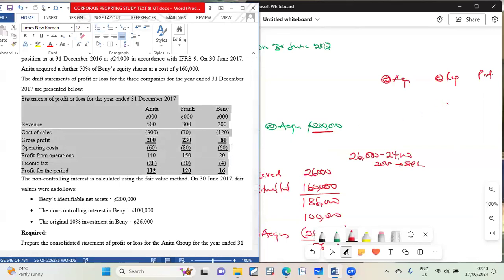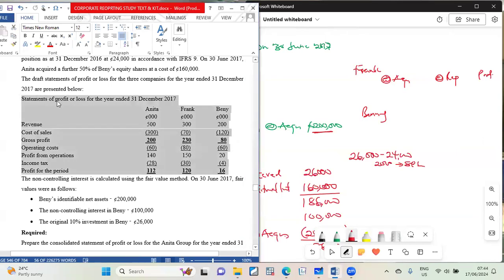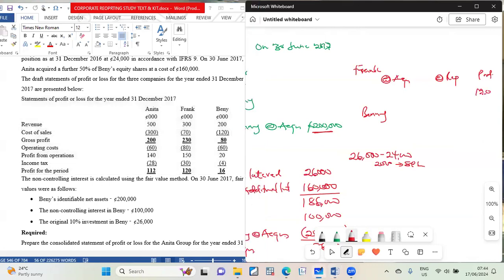So technically, these things are two subsidiaries. So this is subsidiary Frank, all right, and let's say subsidiary Benny, we would have done for the two. So the same thing. All right. What you see in here is that since they came together, we've been given the P&L. So post acquisition for Frank, we have 120. All right, and they've been together since.